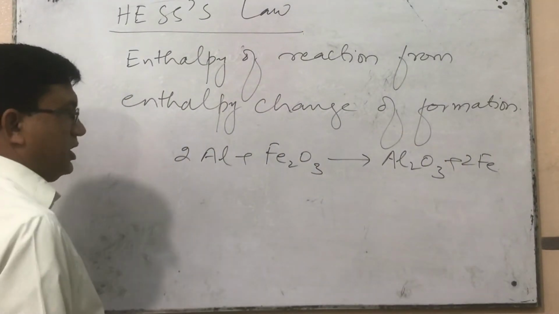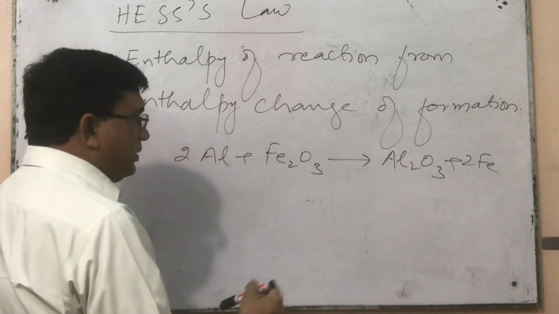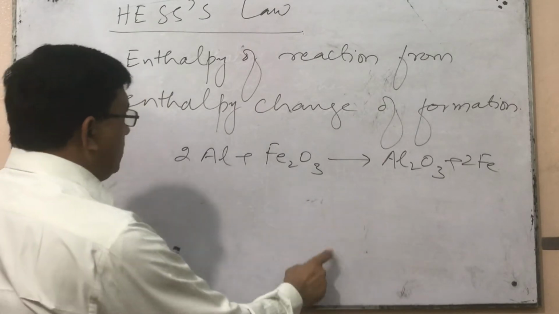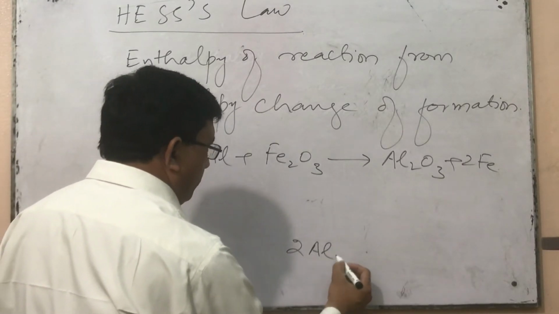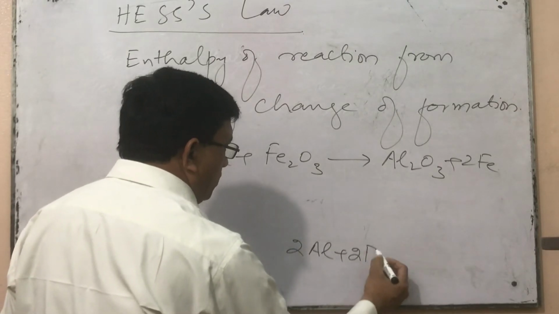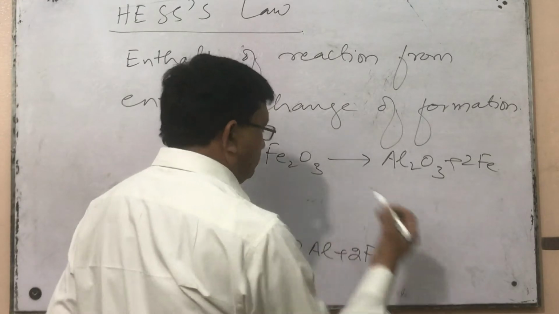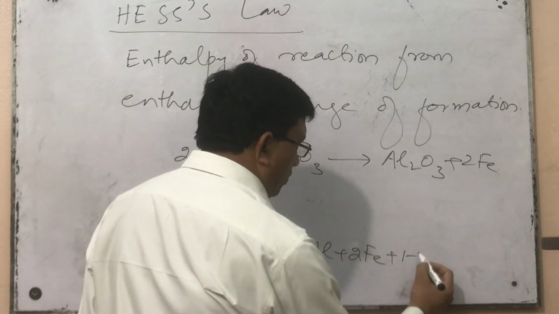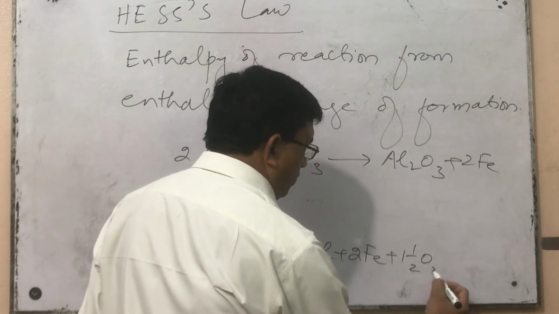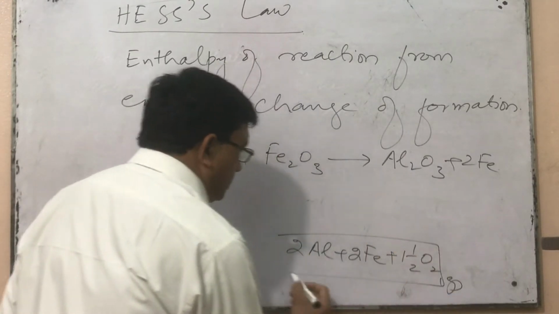This is the first step. Then we have to write down the elements in their standard states at the bottom. For example, we are taking 2 Al, then 2 moles of Fe, and then 3/2 moles of O2 gas. Now these are the elements.